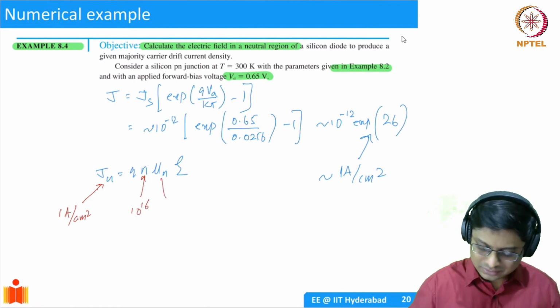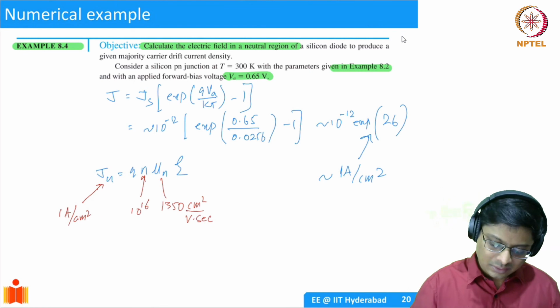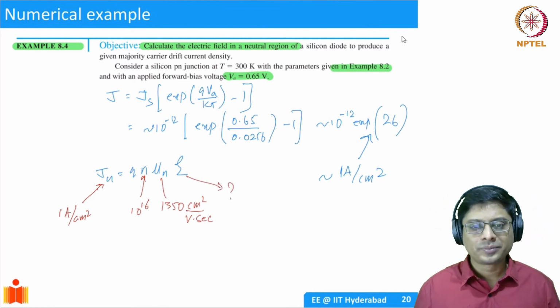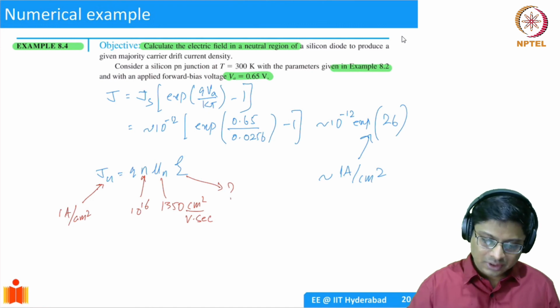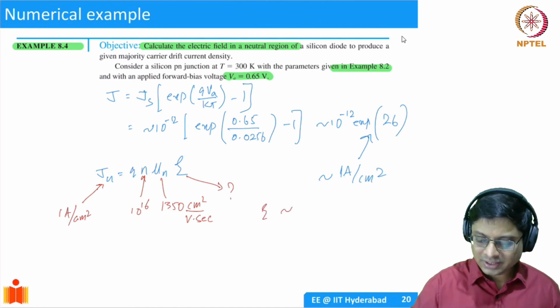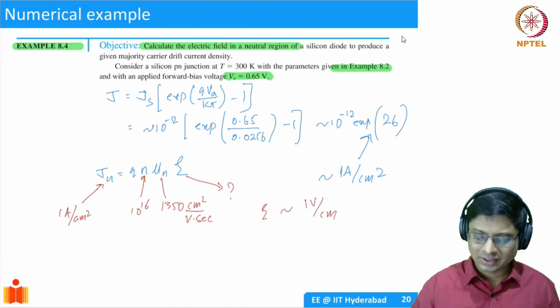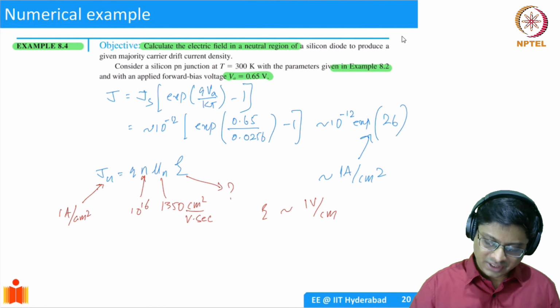The mobility is some 1400, 1350 centimeter square per volt second. What is the electric field? You compute, okay? You have everything given to you. You will see that this is going to be approximately 1 volt per centimeter, a few volts per centimeter. That is going to be the range.